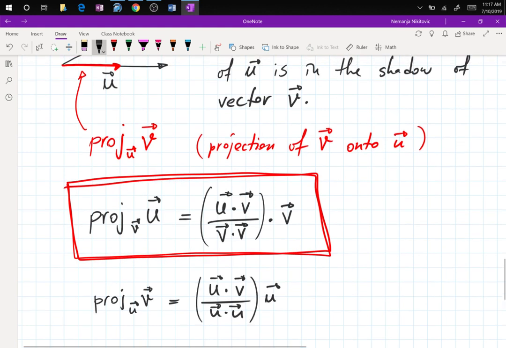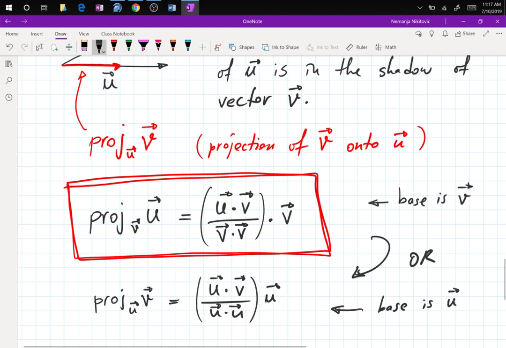So just be mindful what your base is, right? In this case over here, base is vector v. Over here, base is vector u.